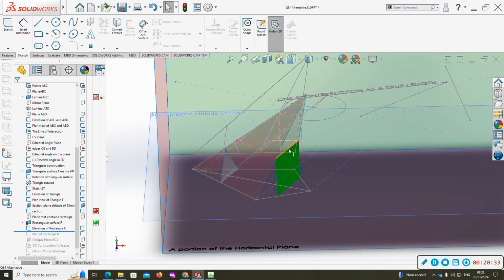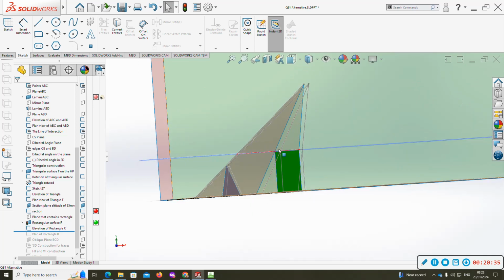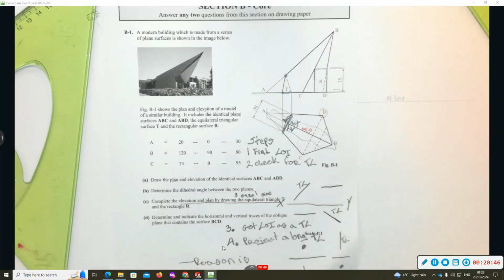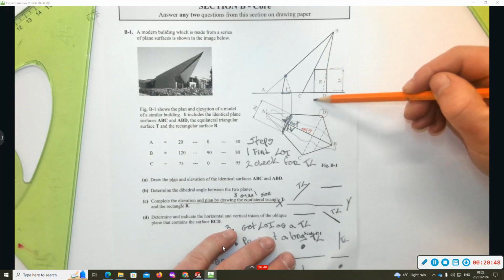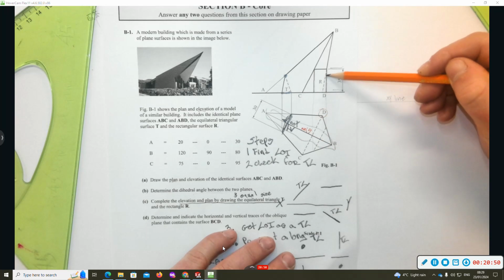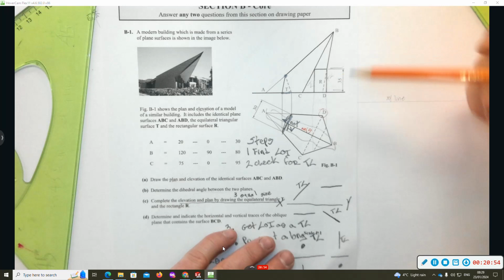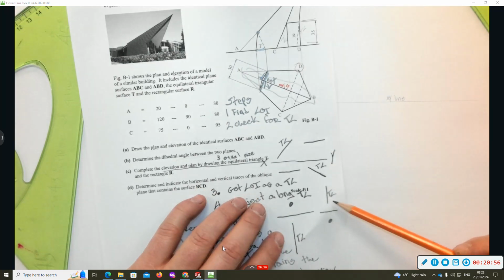We just have to go up 35 in elevation to hit these edges. That's all we have to do. And the reason we know that is because in plan view, this rectangular surface is projecting as an edge view. So these two lines must be true lengths, like we were shown down here.